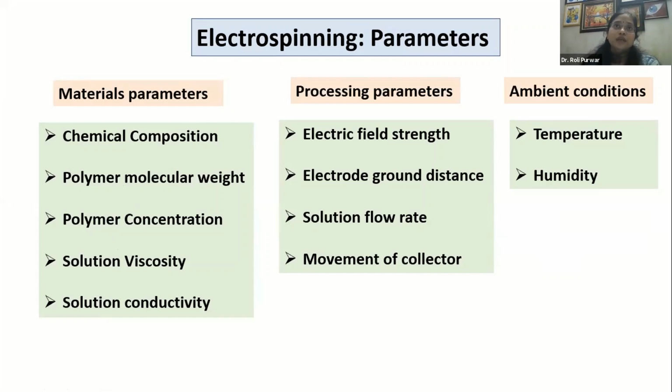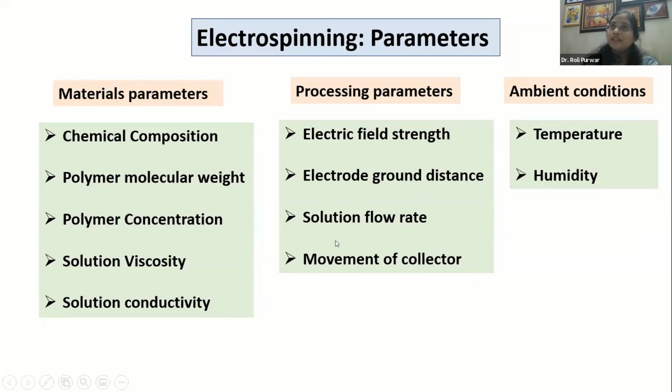Once we decide which polymer we have to work on, and we decide the polymer concentration, then we have to work on the processing parameters within the electrospinning machine, like how much electric field we apply, the distance between the electrode and the ground, solution flow rate, and the movement of the collector.